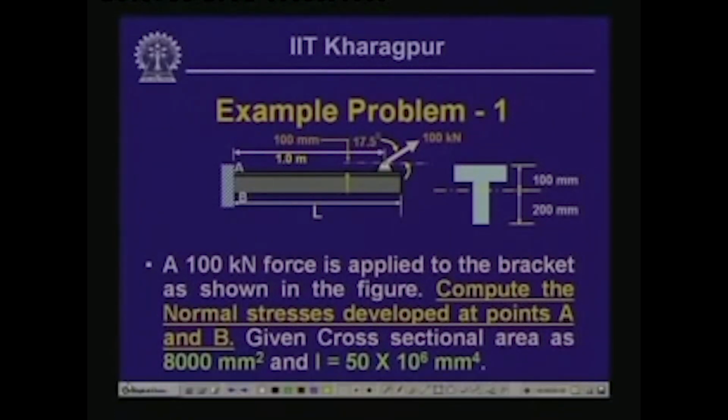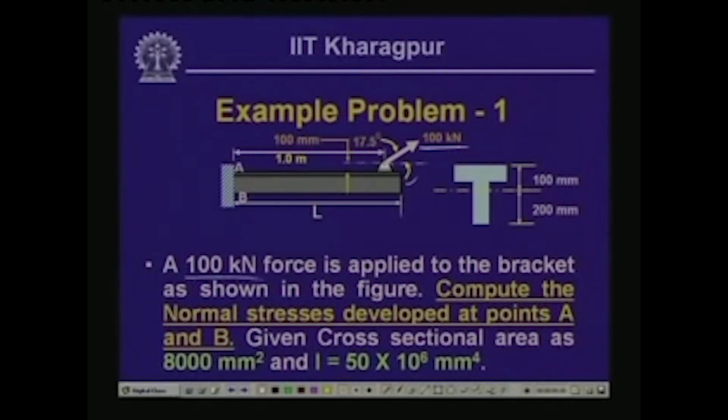Well, having discussed these actions of different loads or different load combinations, let us look into an example where a beam member which is fixed at one end and free at the other, which we call a cantilever, has a bracket at this particular end and is subjected to a pull of 100 kilonewton at this bracket.